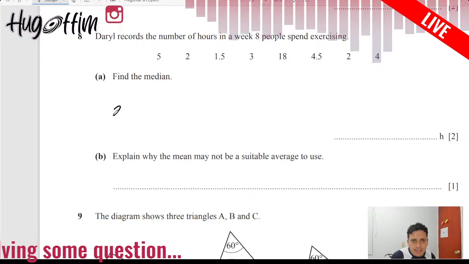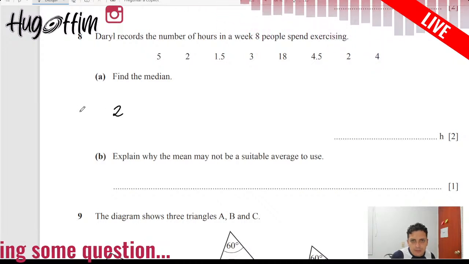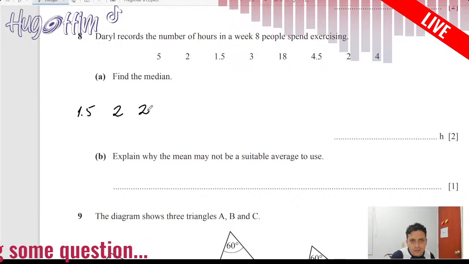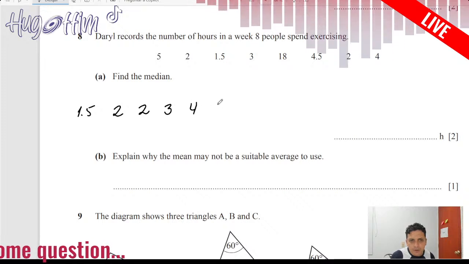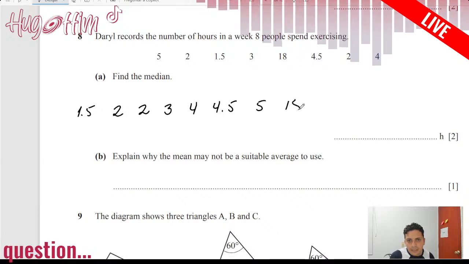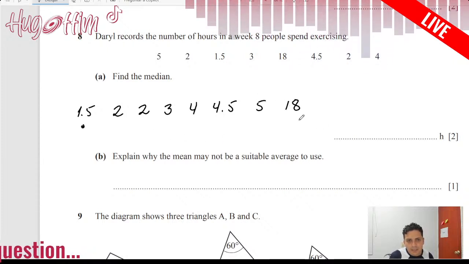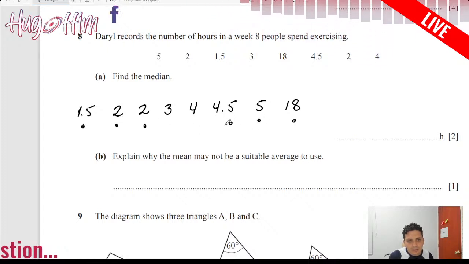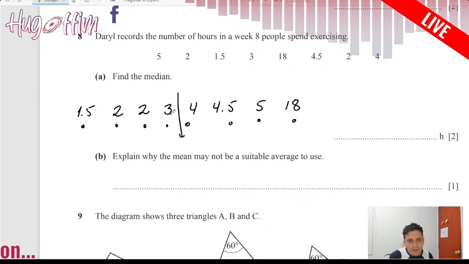The median: there's a 1.5 here, another 2 here, then 3, then 4, then 4.5, then 5, then 18. Some people like to do this method. Okay, the middle terms are 3.5... 4 here, 4 here. So 3.5.